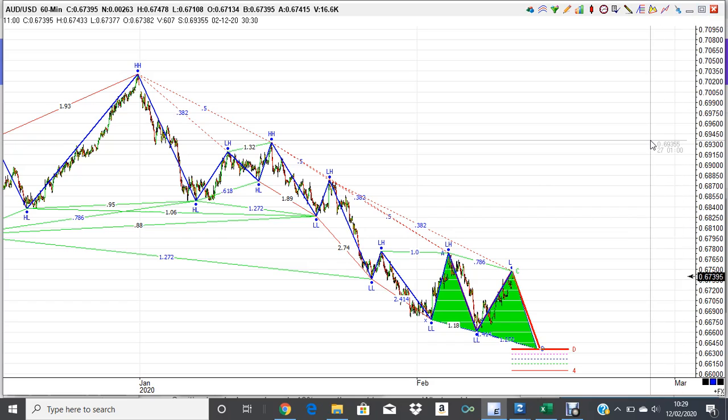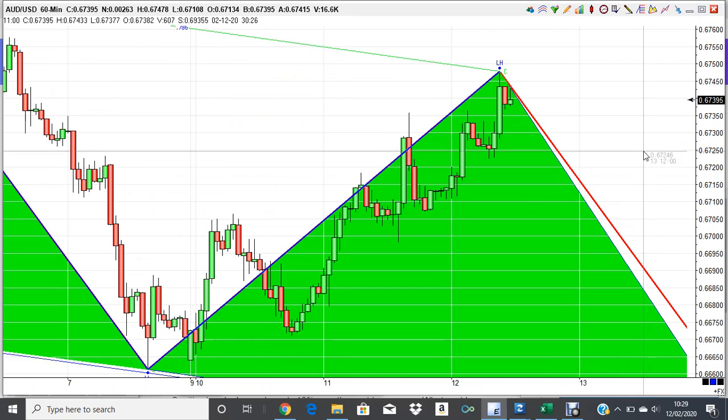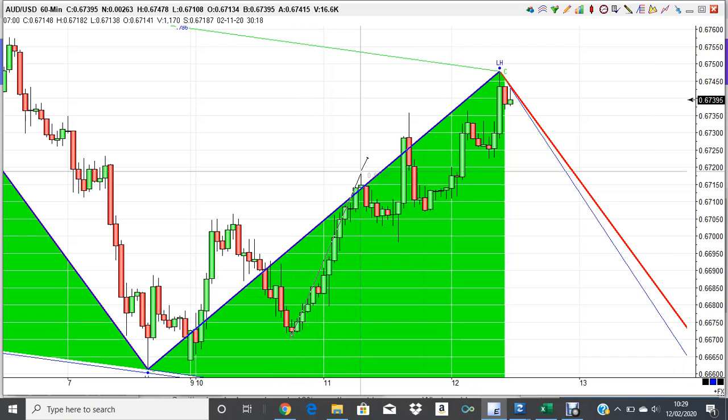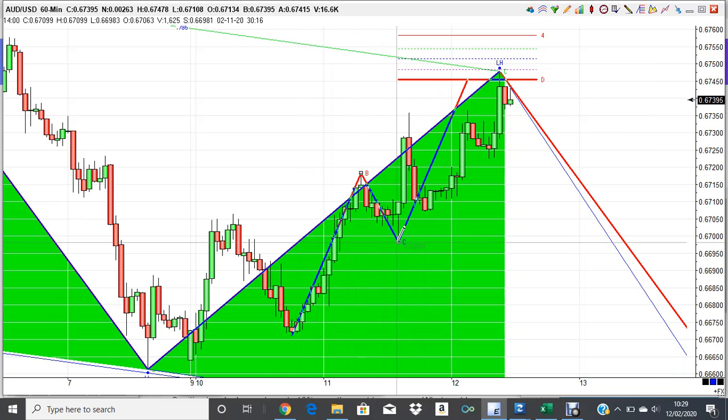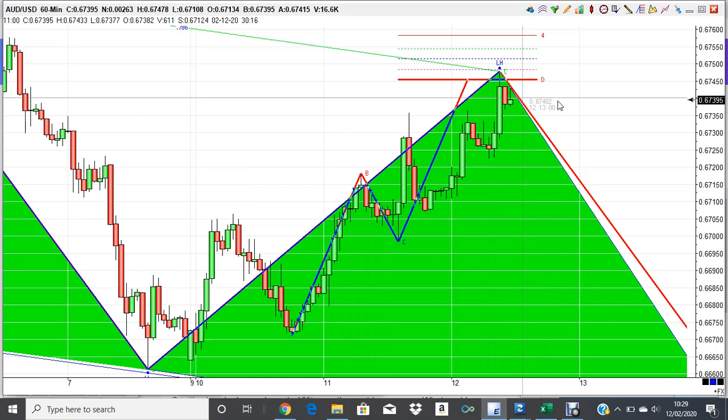If we zoom in on this, there is an ABCD that's completed just about. If you take this secondary high or low, there is an ABCD structure that's just completed right there at this 786 level. So this is an area where it could start back to the downside.